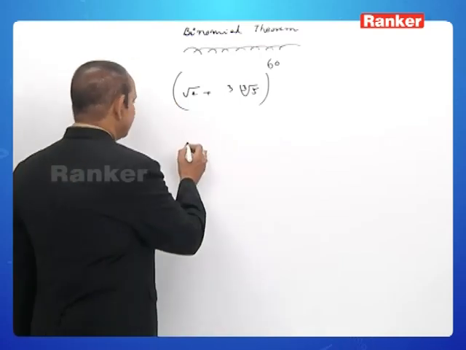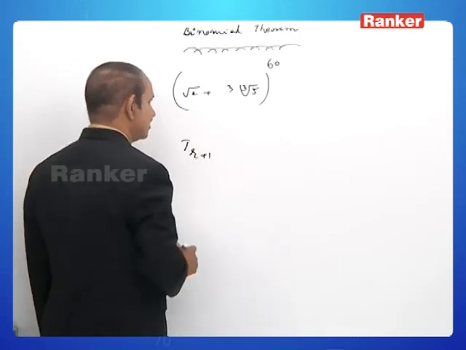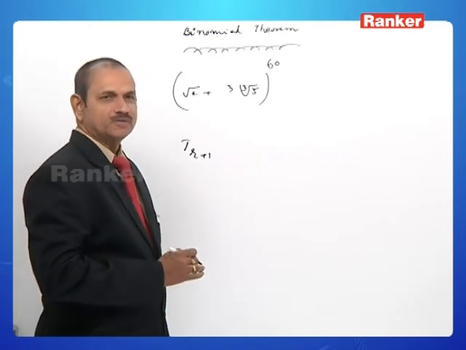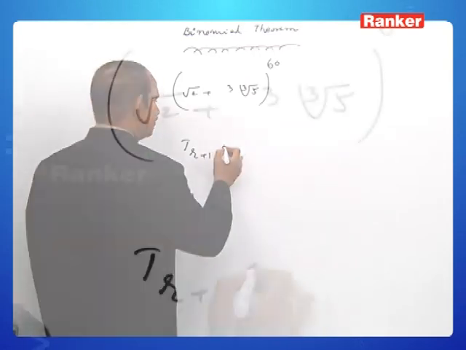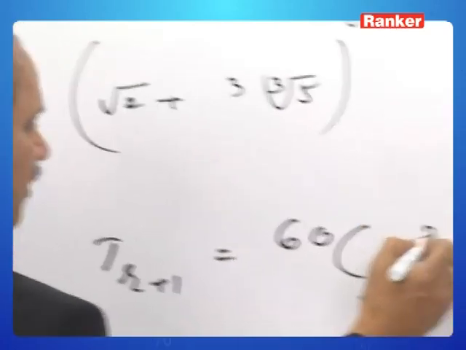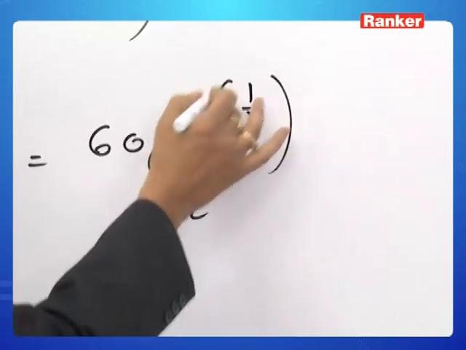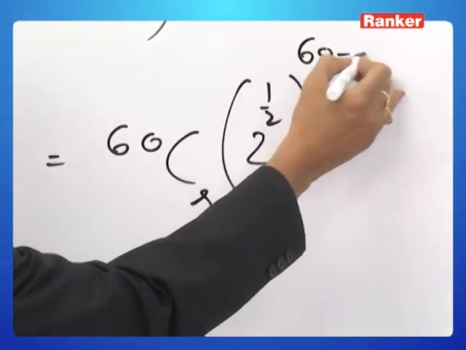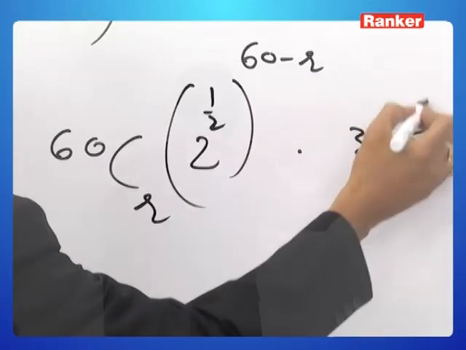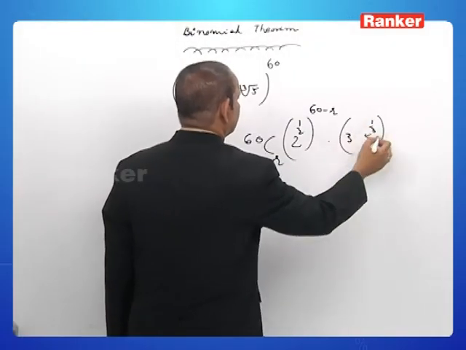Look here, the expansion contains 61 terms, of course, in which the r plus 1th term, T r plus 1, is equal to 60 Cr into 2 power half whole to the power of 60 minus r into 3 into 5 to the power of 1 by 3 whole to the power of r.